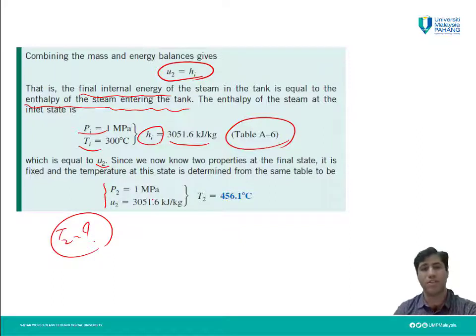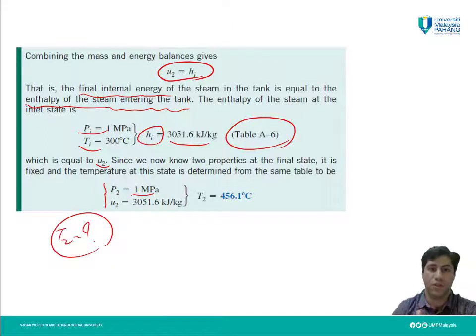Then it is mentioned that this process will continue until the pressure inside the tank reaches 1 megapascal. Then we close the valve. So we know the final pressure inside the tank, or P2, which is 1 megapascal.